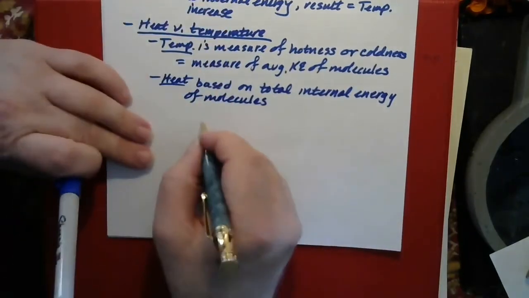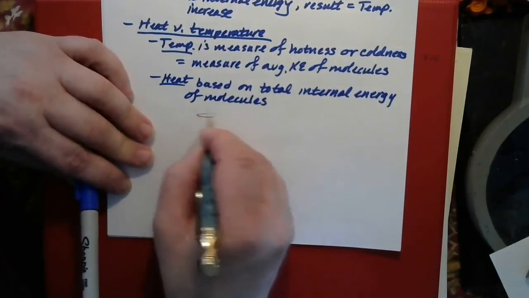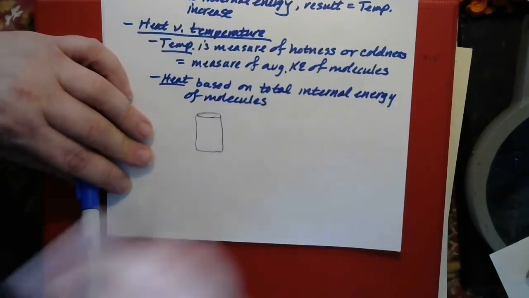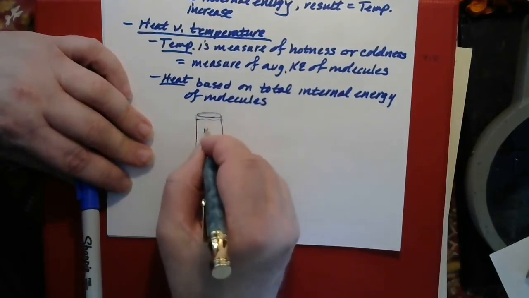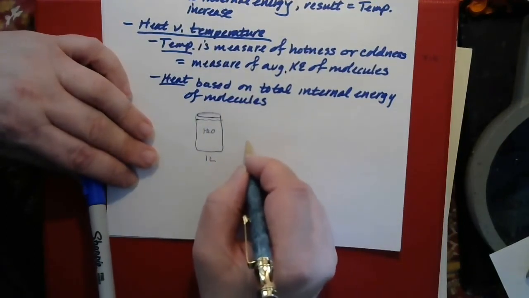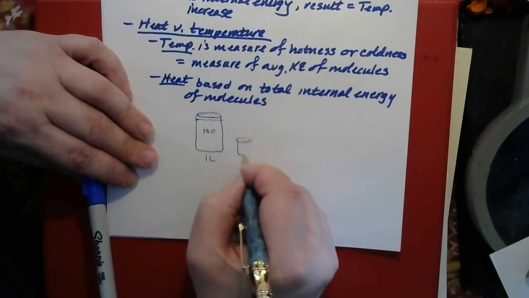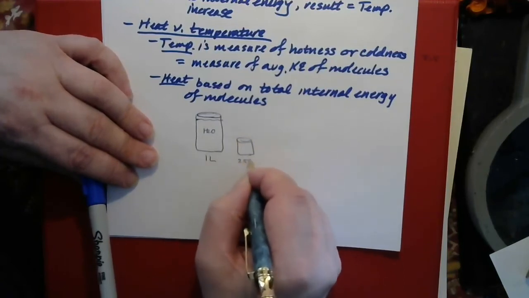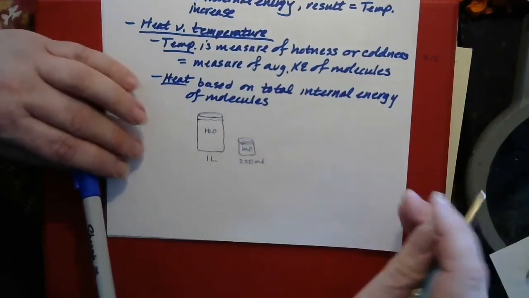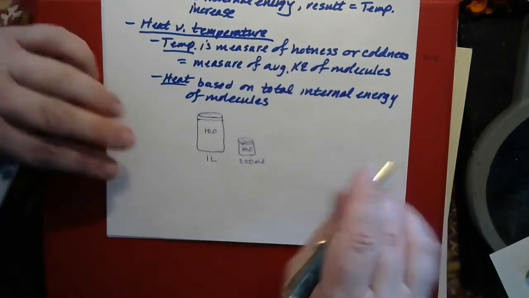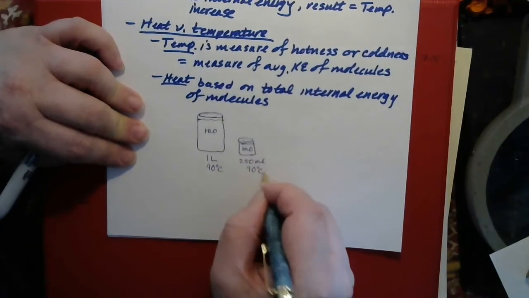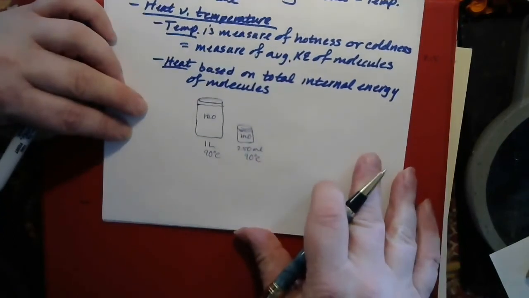So for example, if you have two containers of water, and this one is 1 liter, and you have another one that's also filled with water, but it's only 250 milliliters. And each of them is at 90 degrees Celsius, or any other temperature you might want to pick.